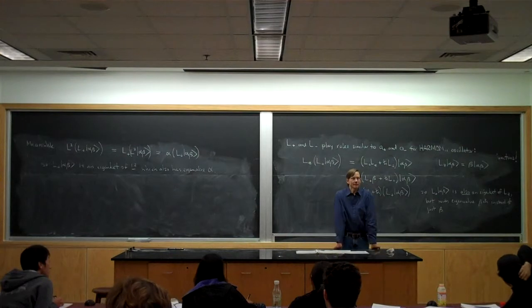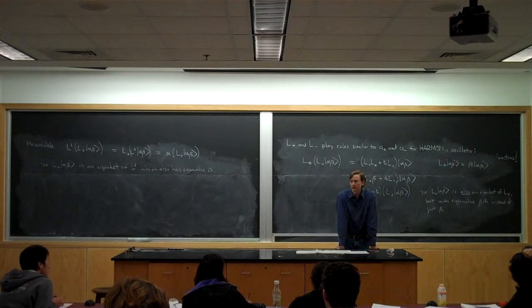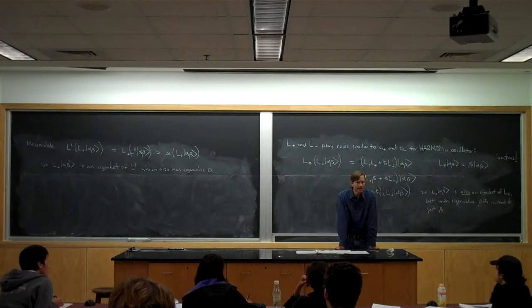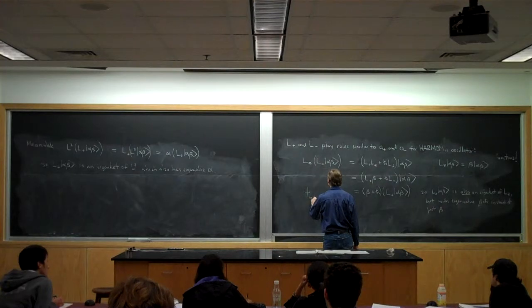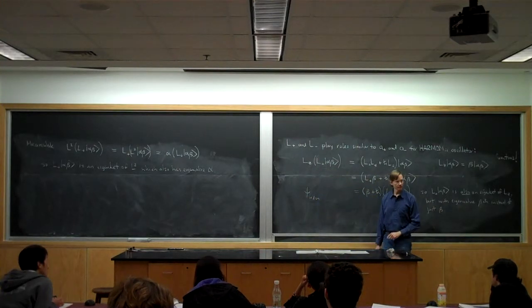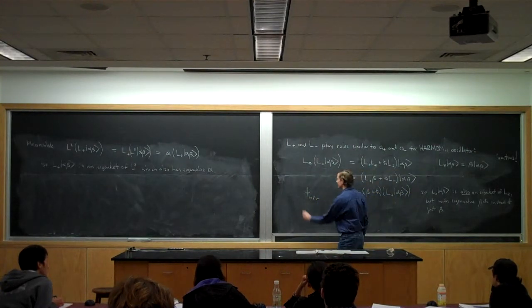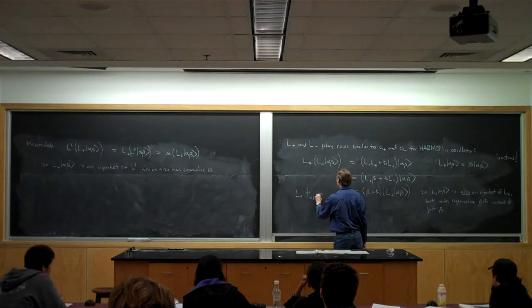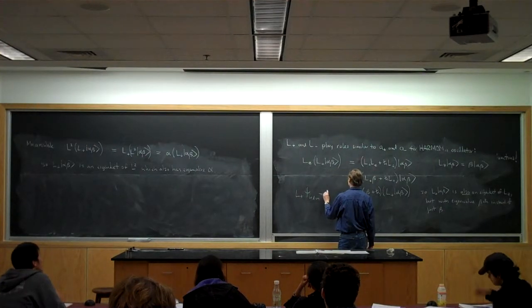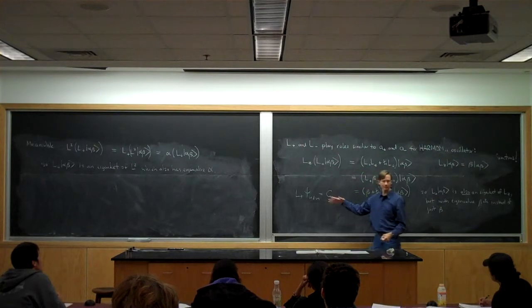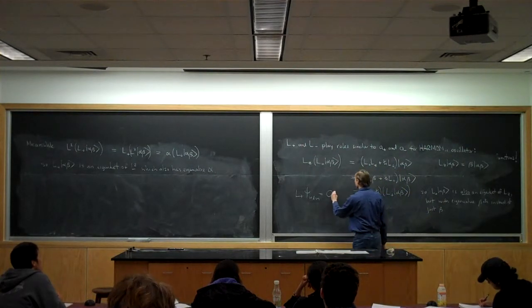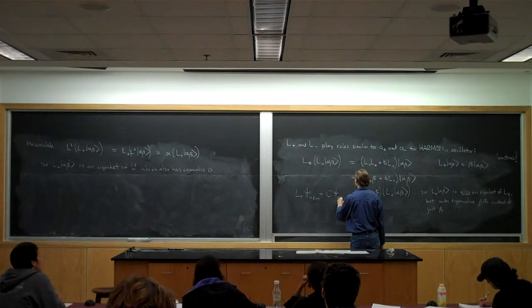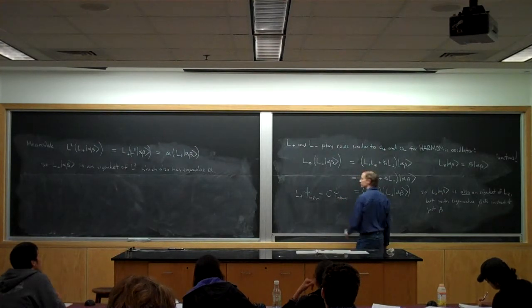So go back to something quasi-familiar, go back to hydrogen. What we're saying is that if I have a state that is some psi n l m, then if I hit that with L plus, I'm going to get some number, because remember there's going to be some normalization involved, some number times psi sub n l m plus 1.